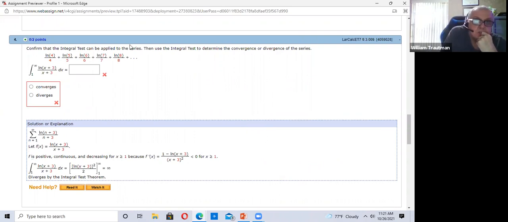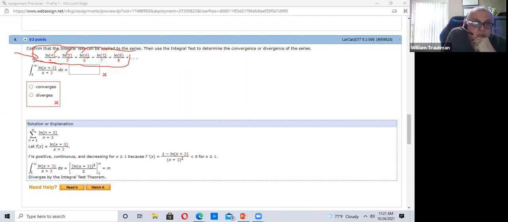Like number 4, it says confirm the integral test can be applied to this series. So we're talking about 9.10, that first one. Once again, are all numbers positive? Is it decreasing? You can check that. It is continuous, there are no holes in it. And then how do you convert it to a function?